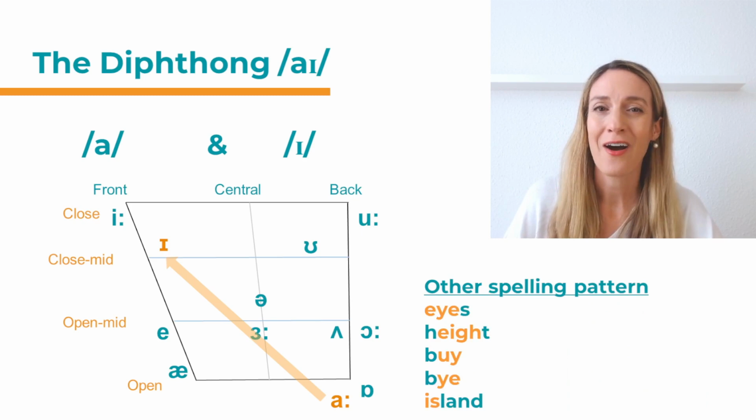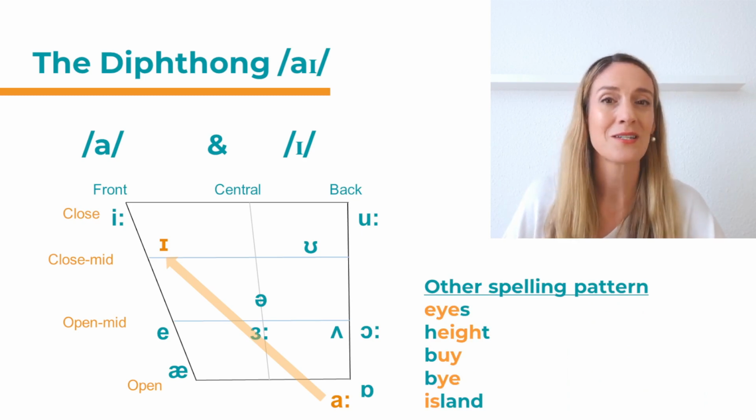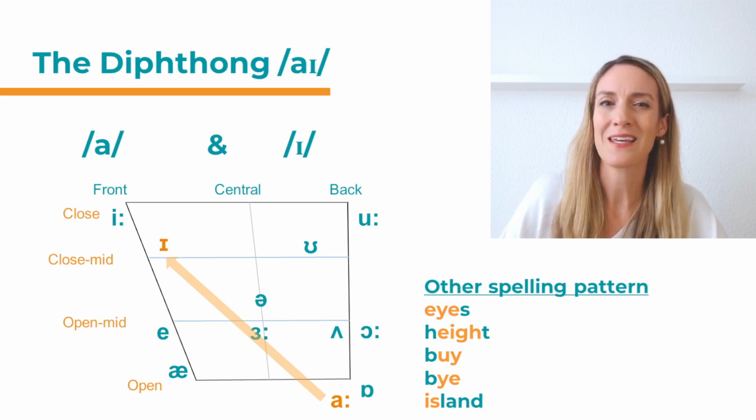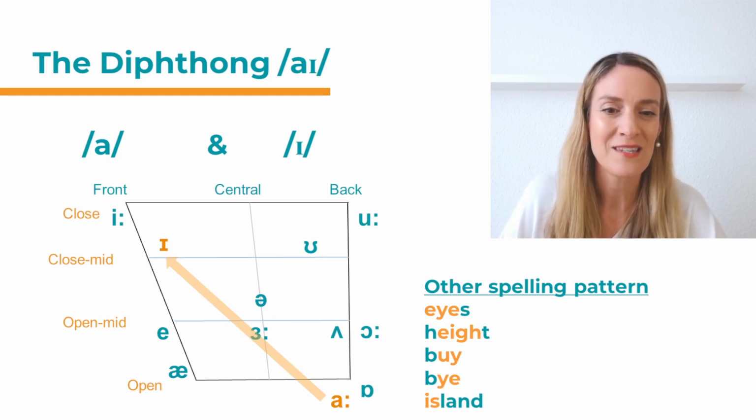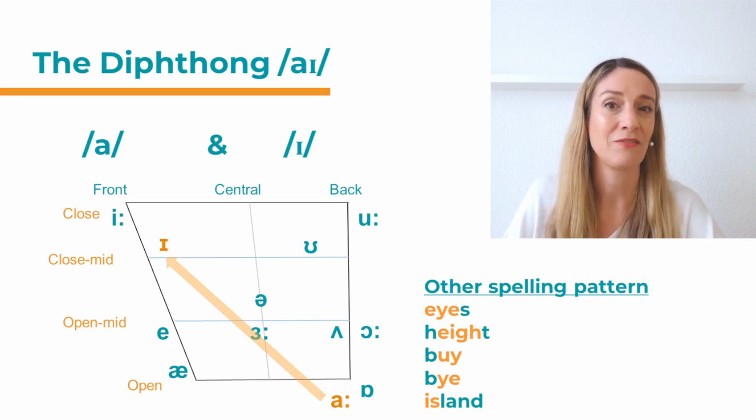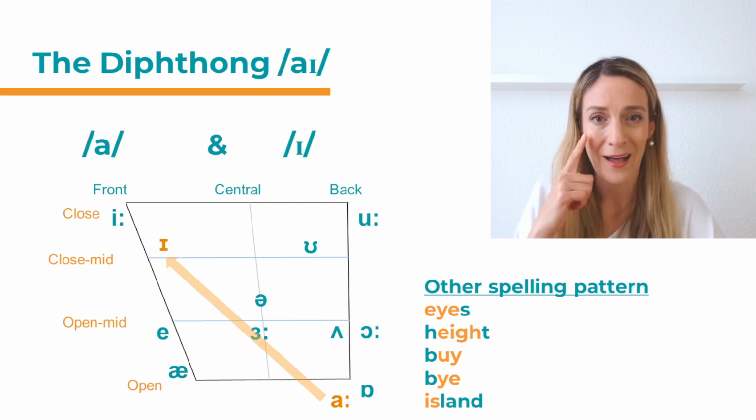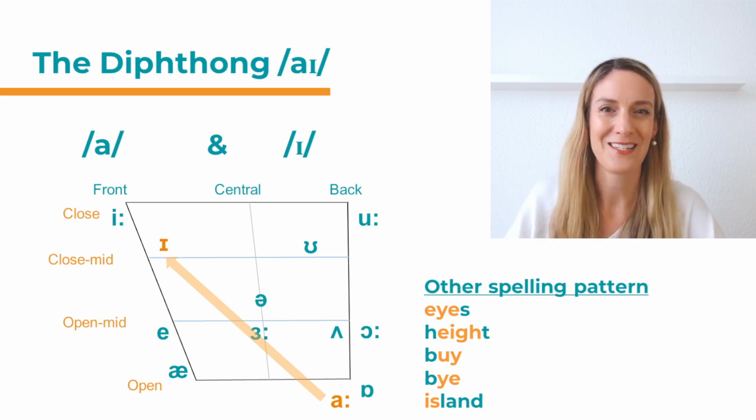However, there are also some exceptions, some other common spelling patterns, maybe not as common as the others, but they do exist and the words are quite simple, so I'm sure you know those as well. Let's have a look at those words. For example, eyes. Here we have the spelling EYE. Now that's very different to all of the ones before, but it's also /aɪ/. One eye, two eyes.